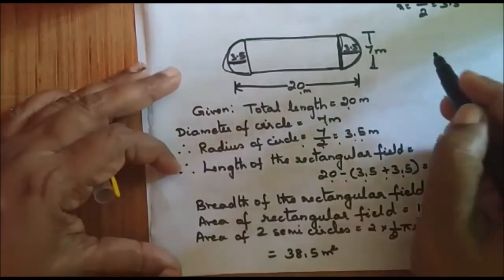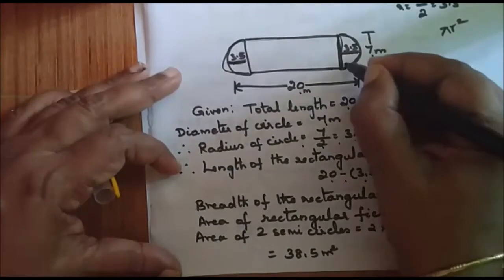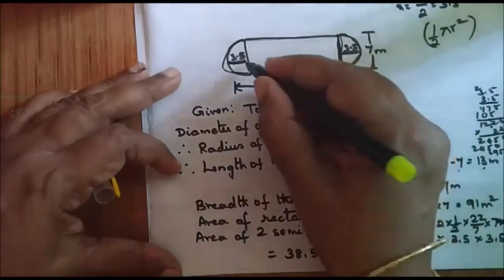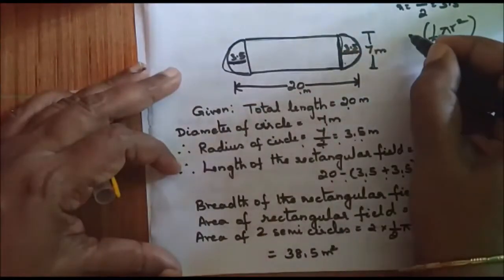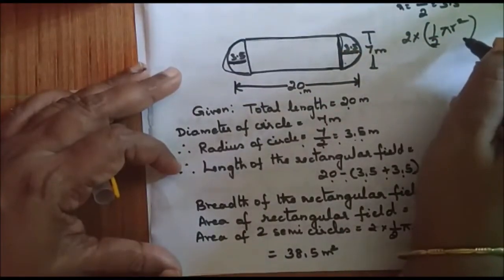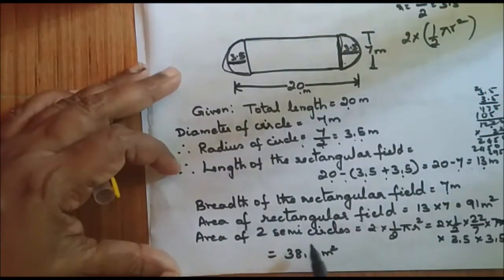Okay. You know that the area of a circle is pi r squared. This is a semicircle, so it is half pi r squared. How many semicircles do I have? I have 2 semicircles, so it's 2 into half into pi r squared. I hope you got it. So area of 2 semicircles is equal to 2 into half into pi r squared.